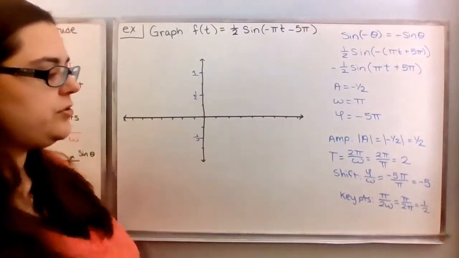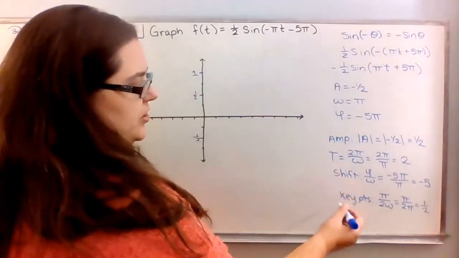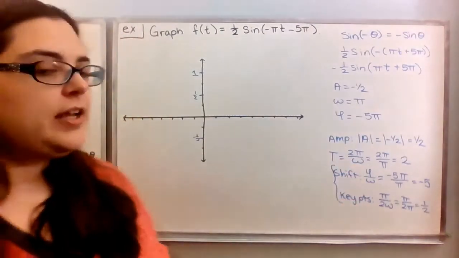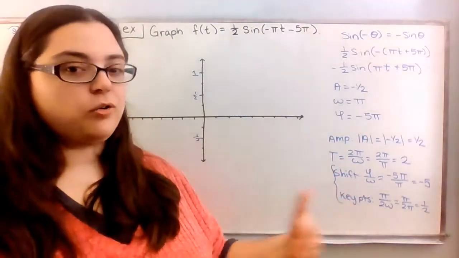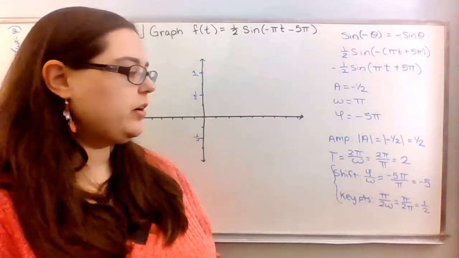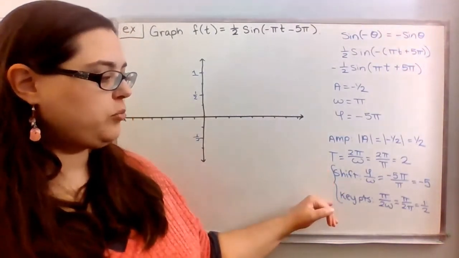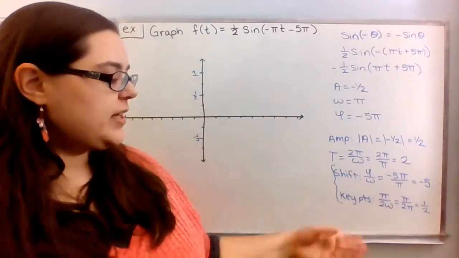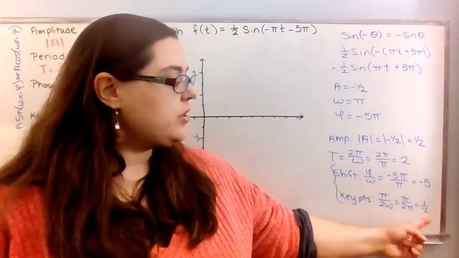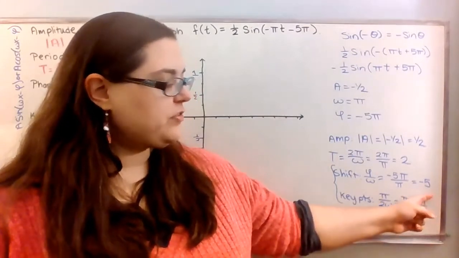Next, we're going to use the period, the phase shift, and the key points, but primarily the phase shift and the key points to help us know how to index our horizontal axis. We want to have a common denominator for the shift and for the key points. In this case, my key points are going to be marked every 1/2, and my phase shift is a whole number.